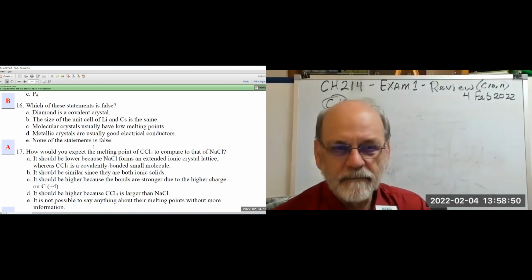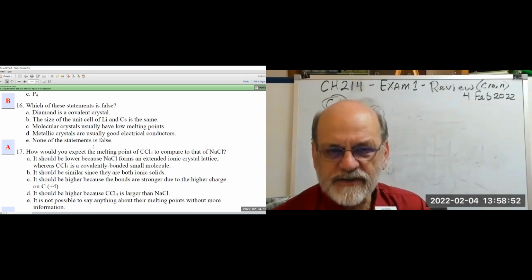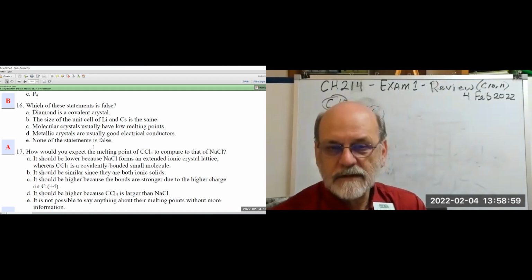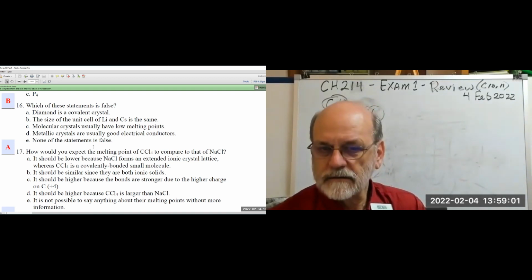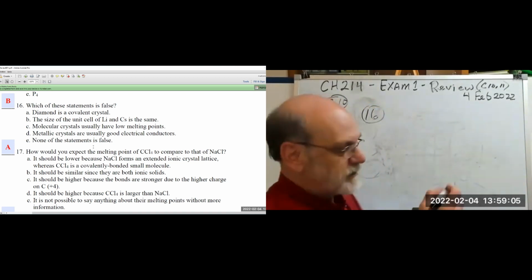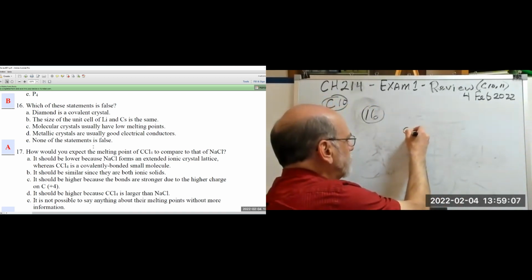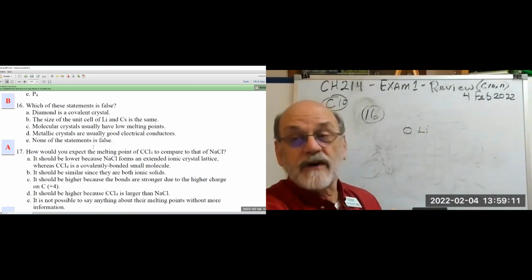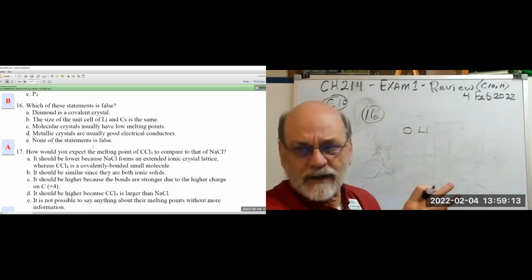How about B? The size of the unit cell of lithium and cesium is the same. Think about it. Lithium is a very small atom, and cesium is a very big atom. They're in the same family.